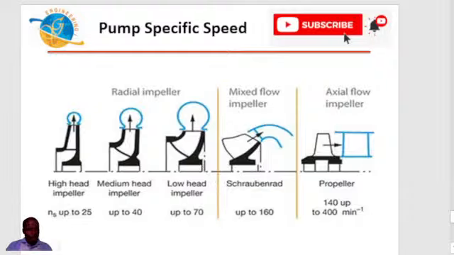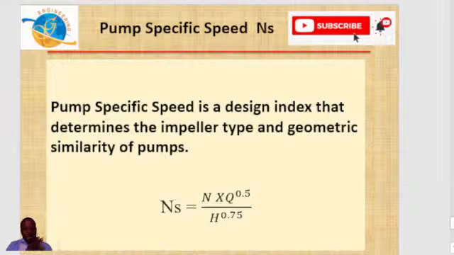So if the specific speed is within a range of values, you can see the impeller shape most suitable for that task. Now, the pump specific speed is the design index that determines the impeller type and the geometric similarity of the pump.